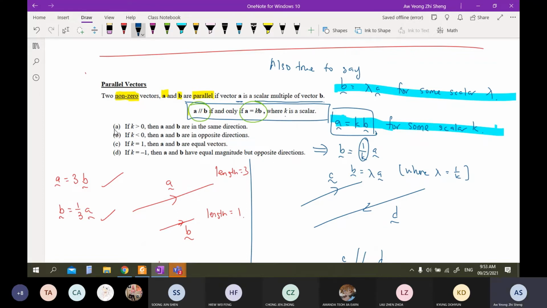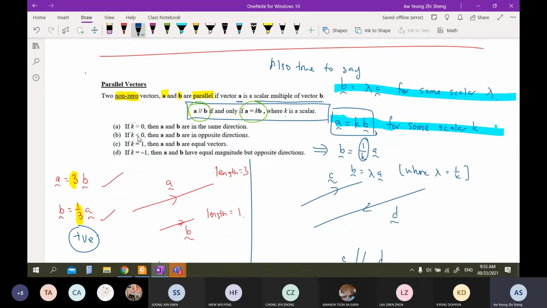Okay, part A says that if the scalar K is greater than 0, which means K is positive, that means A and B are in the same direction, just like my diagram in red color. Whether the scalar is 3 or 1/3, they are both positive, so A and B are in the same direction as you can see in the diagram.